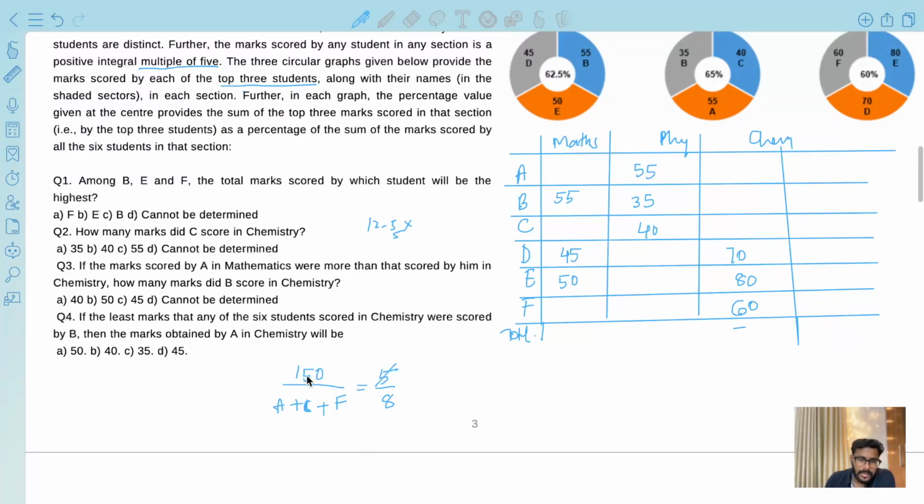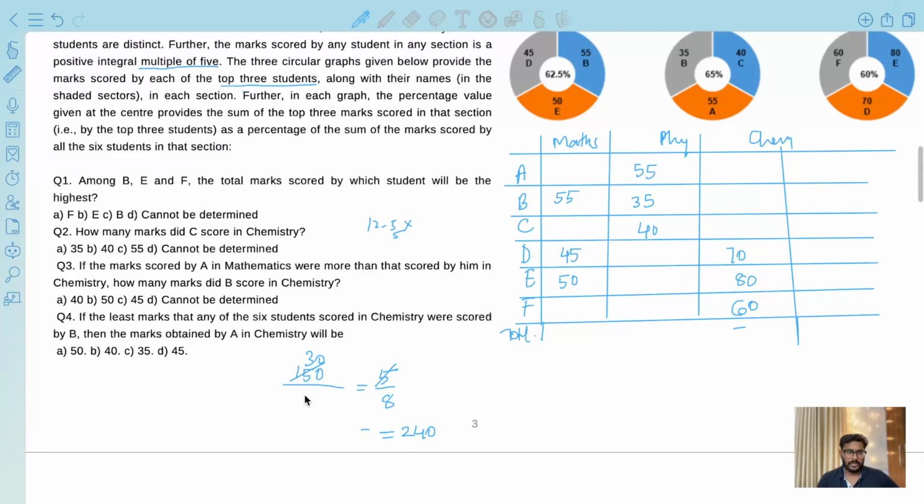Now that means 3 A plus C plus... 40, 35, and 30, 70. 105 is the maximum we can make. Actually, 250. It's not this.